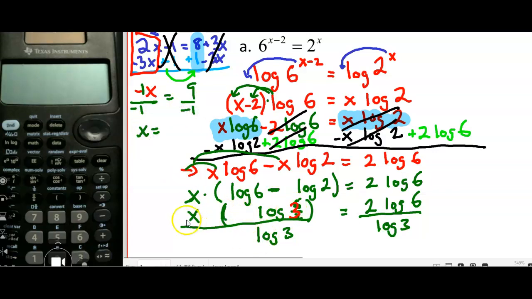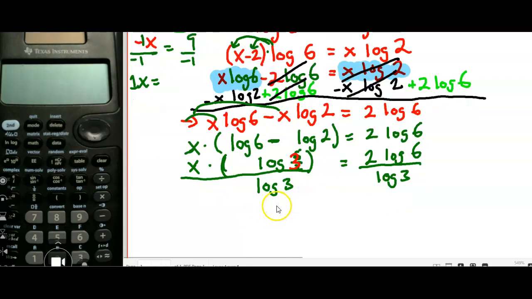I had log 3 times x, so I'm dividing by log 3 just to get 1x, just like we always do. Only difference is that the number is after the x, not before, so it's a little different, but from this point, it's just a calculator problem. So you just turn that on, hit your fraction button, type everything in correctly.